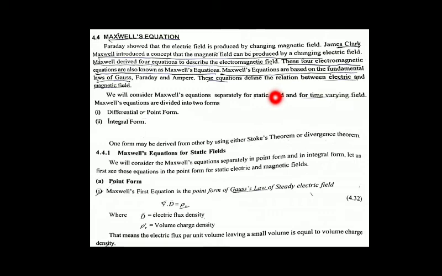We will consider Maxwell equations separately for static field and for time varying field. So Maxwell equation is divided into two forms. First one is differential or point form. Second is integral form.